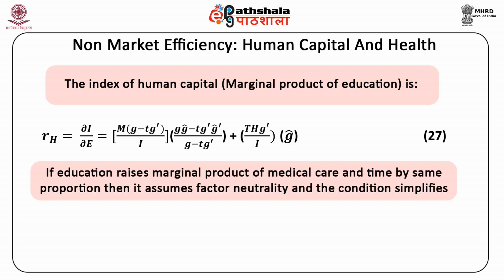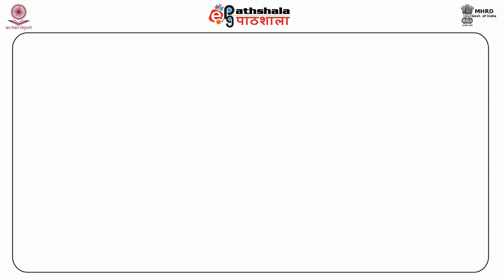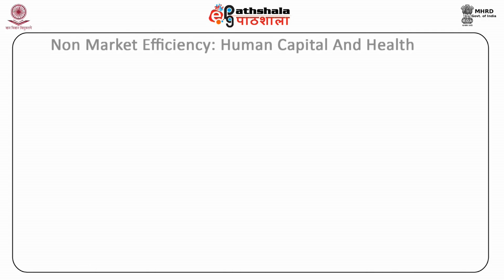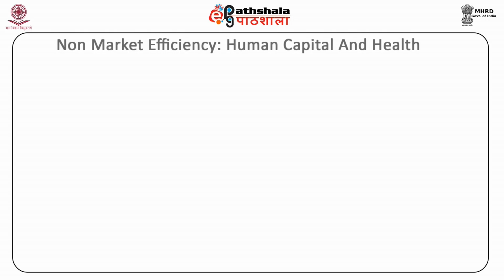If education raises the marginal product of medical care and time by the same proportion, then it assumes factor neutrality and the condition simplifies to RH is equal to G hat is equal to G dash hat. Equation 28. Increase in marginal product implies fall in input quantity to produce gross investment.